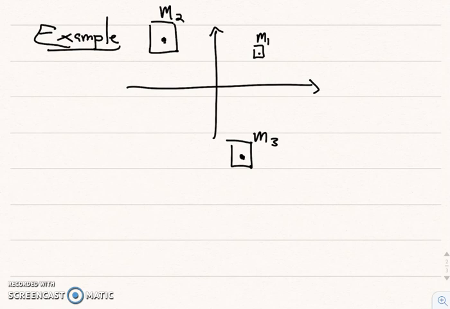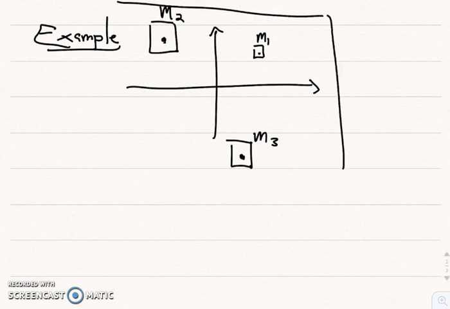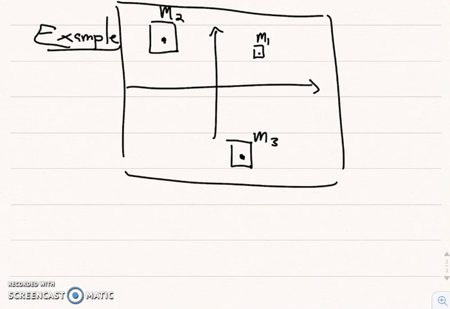And just the same, you might imagine that all of these masses are somehow suspended in a weightless medium or plate, and that what we're looking for is that one special position somewhere on this plate, maybe somewhere about right here, where we could balance the whole two-dimensional plate on the head of a pin so that it would rotate neither in the x nor the y direction. That special point, again, will be the center of mass of the system.